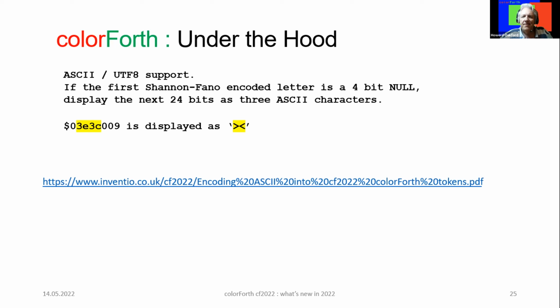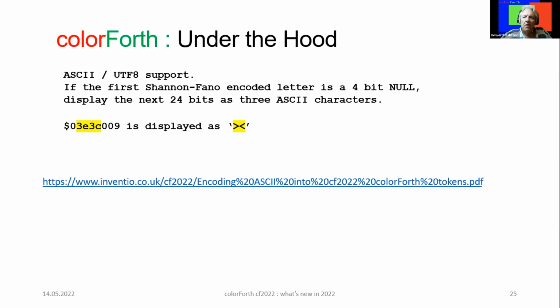Anyway, the idea is so simple. If you create a Colorforth token in a conventional way, and you start it with a 0, a null string, it's a 4-bit token, so it's just that null there. The Colorforth display code will see that and say, oh, that's the end of the word, I won't do anything. So it takes no action whatsoever.